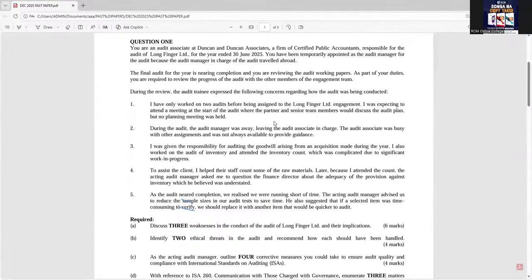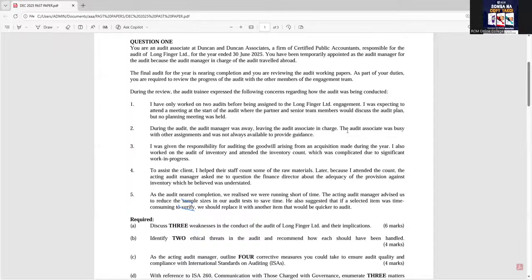Those are the weaknesses that you could have identified, and once you expound on them using what is happening in the case, you could have scored the marks. For example, you can talk about lack of an audit plan. Before the audit commenced, no planning took place, or no initial meeting was conducted to give guidance as to how the audit would be undertaken.